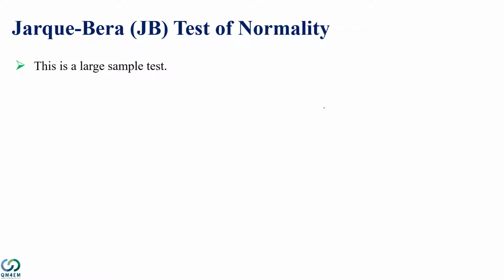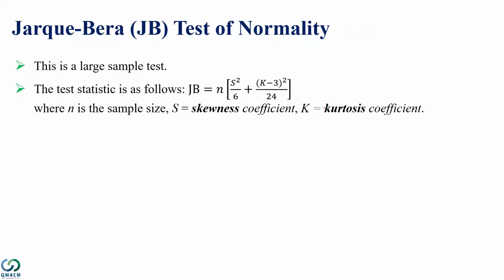Their test statistic is given as JB equals n times (S squared over 6 plus (K minus 3) whole squared divided by 24), where n is the sample size, S is the skewness coefficient, and K is the kurtosis coefficient. Now I'm not sure if you can recall what is meant by skewness and kurtosis. Just to refresh your memories, I have put two small graphs here to explain this concept.